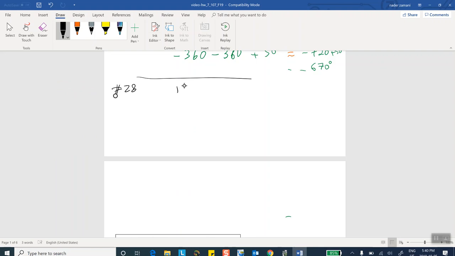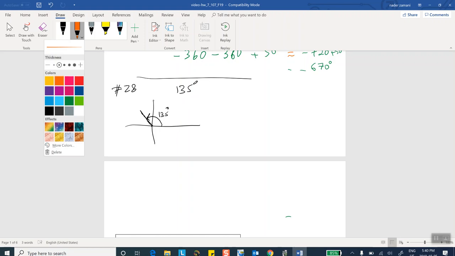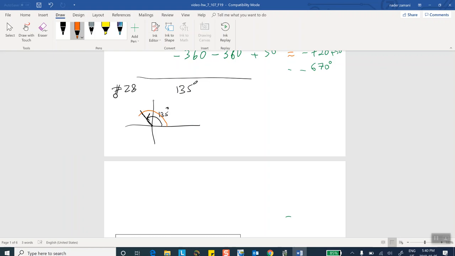And it's 135. First, let me draw that for you. 135 is this kind of an angle, like that, okay? And this leftover here is, of course, 45 degrees. So this is 135. If I want to get the two positive angles which are coterminal, for example, for the orange one, I'm going to start here and go and stop right there.